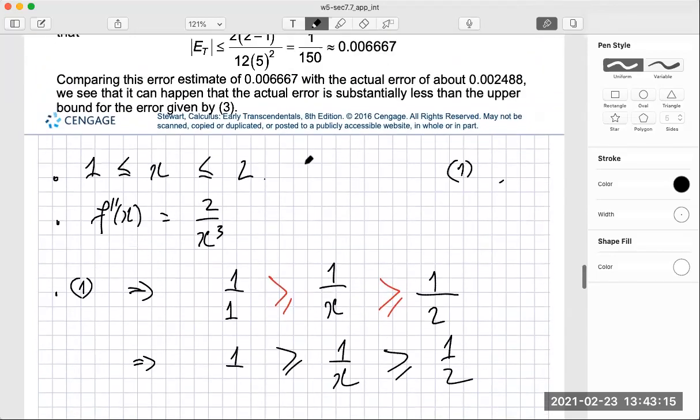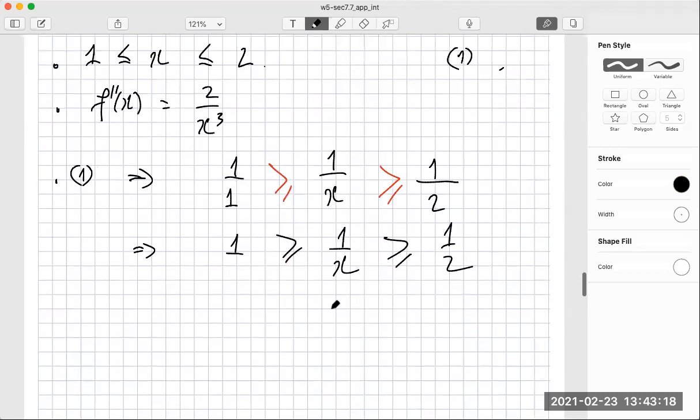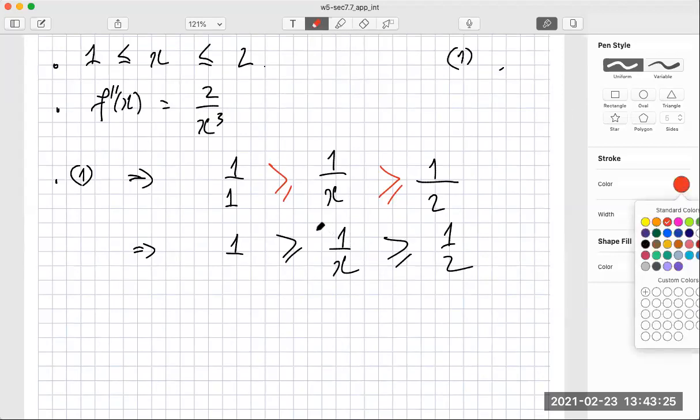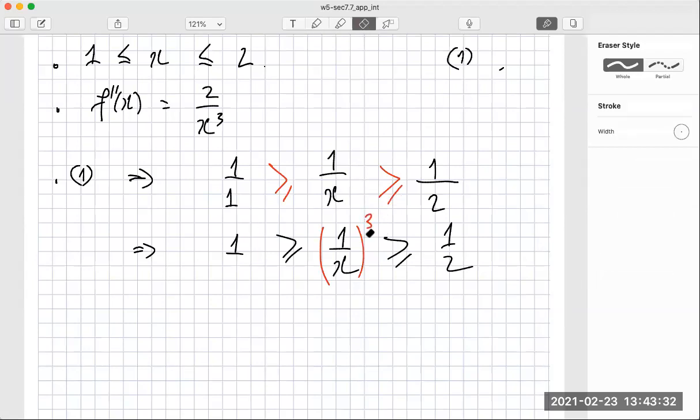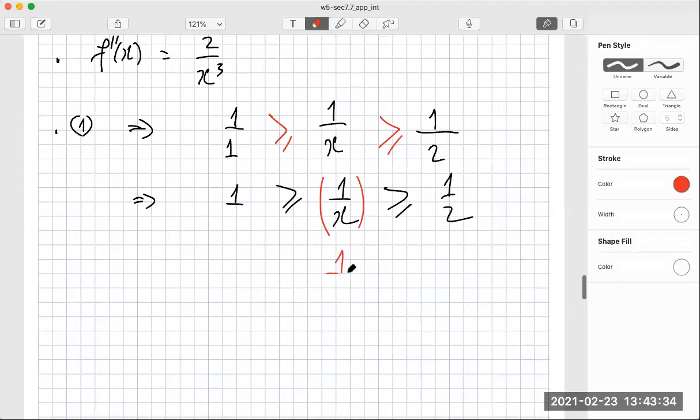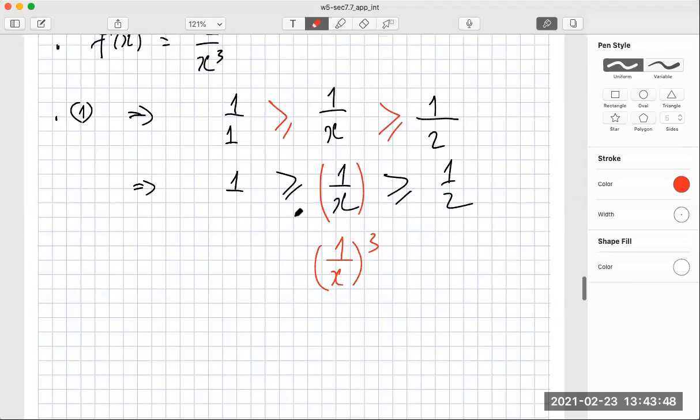Now if we raise it to the power of 3, what do we have? A number smaller than 1. If we raise it to the power of 3, is it getting bigger or smaller? Yeah, smaller, right?